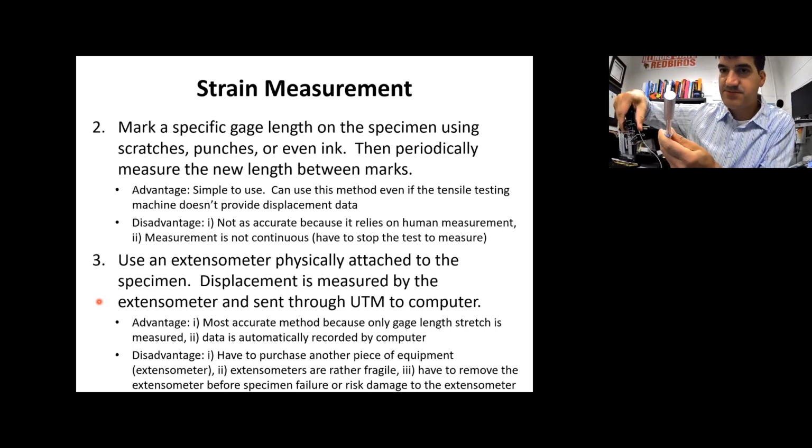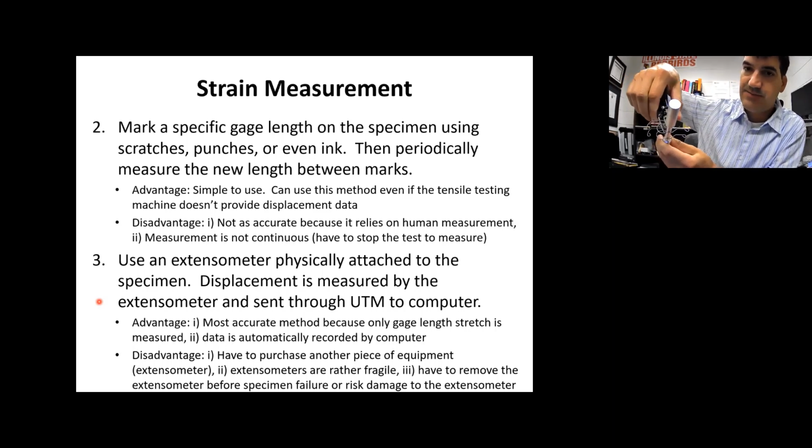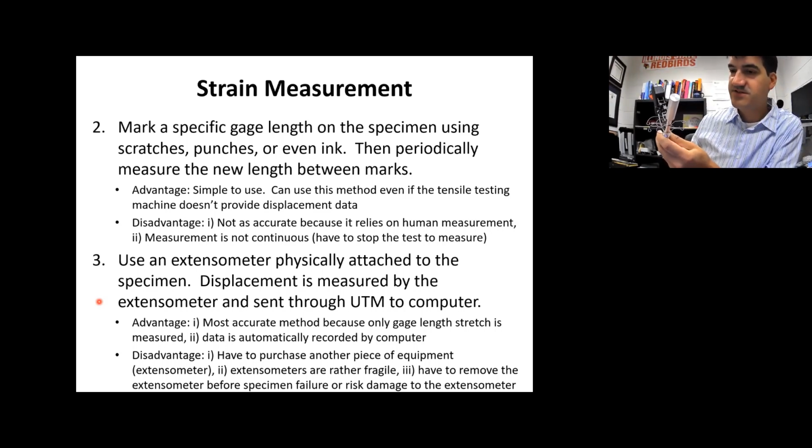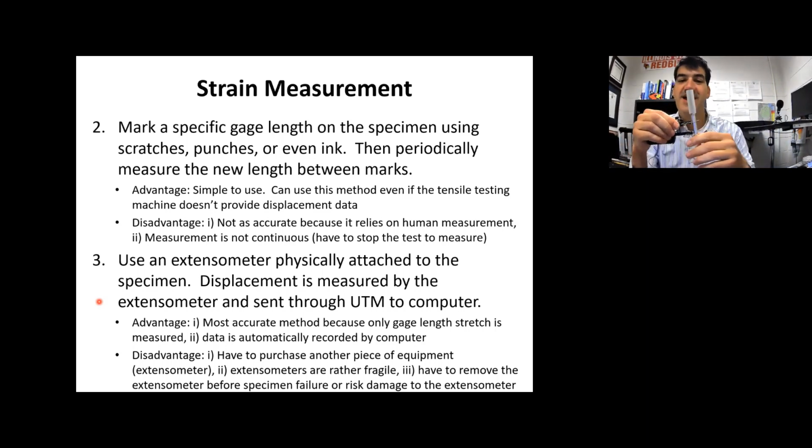So here's our specimen that's loaded in the machine, and then you put the extensometer inside those clips like this. And then you gradually let go of the button. And now the extensometer is exactly at a, now it's not supposed to move around like that after you do it, but now the machine knows exactly what the initial separation distance is between these clips.